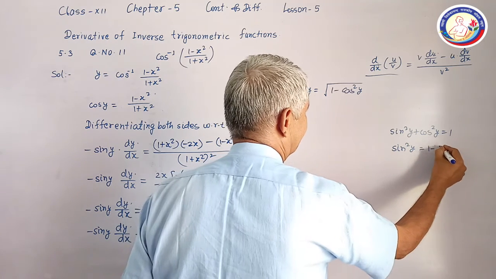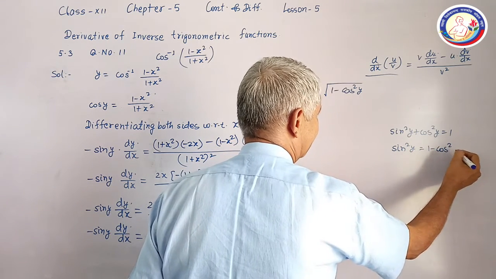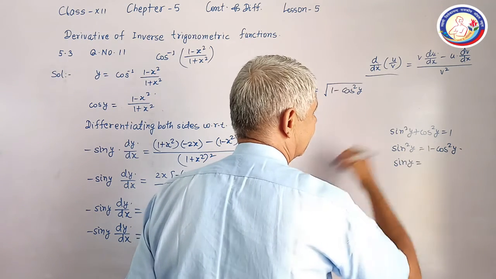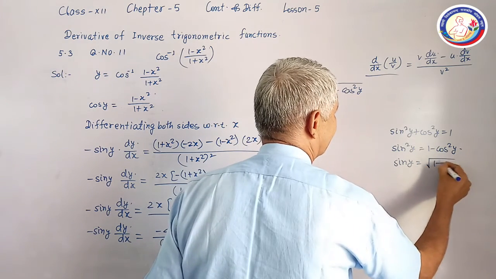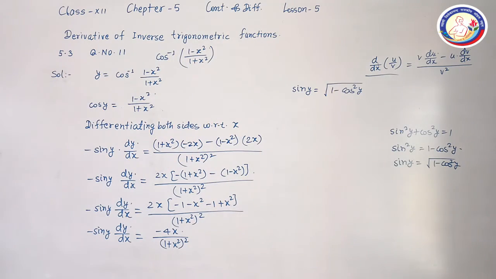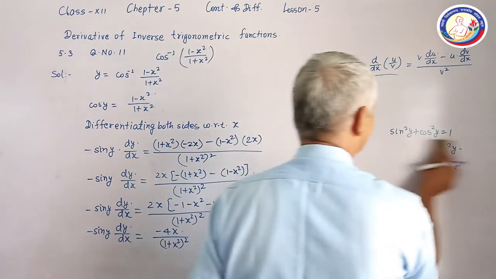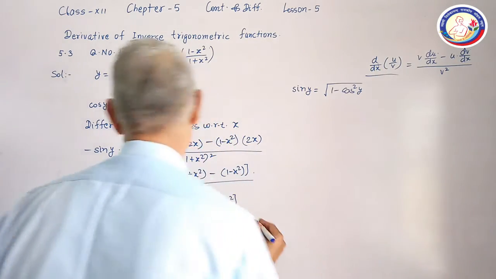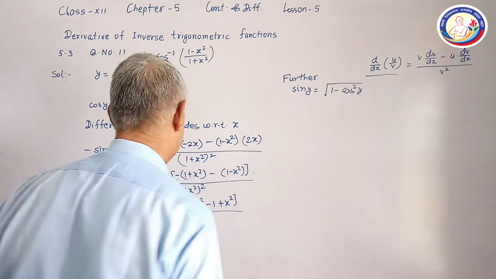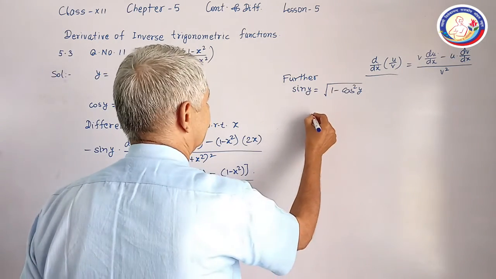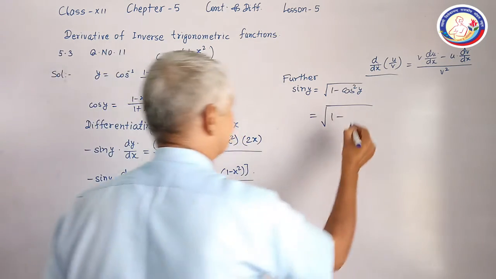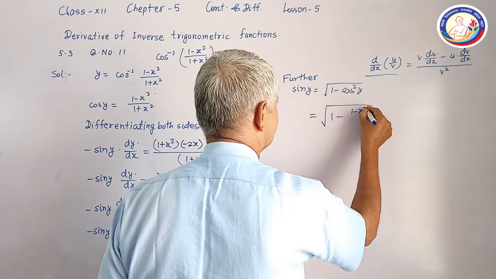It will be 1 minus cos square y. And sin y, taking square root of both the sides, we will have square root of 1 minus cos square y. In this way, this is the value of sin y in terms of cos y. Now put here the value of cos y.